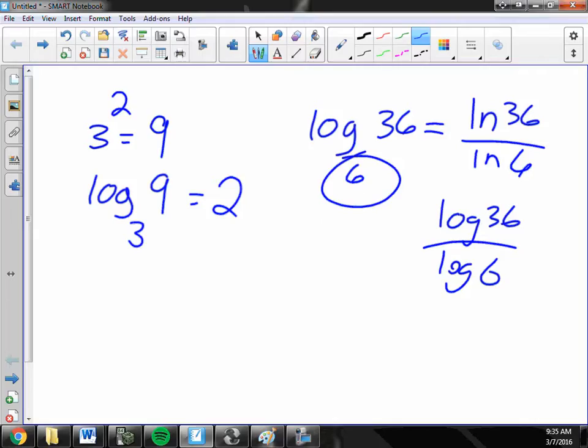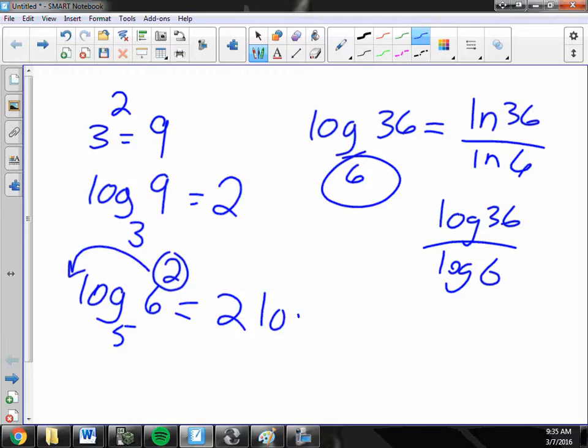Okay? The other one is the power rule. If I have log base 5 of 6 squared, I can move this 2 out front, and I get 2 log base 5 of 6. So if the number you're taking the log of has an exponent, that exponent can move down in front of the logarithm and turn it into a multiplication problem.